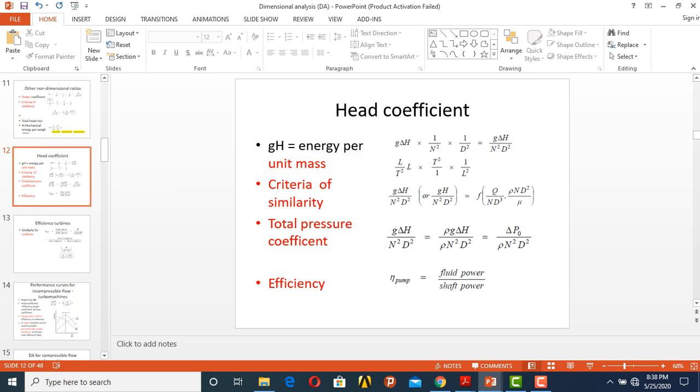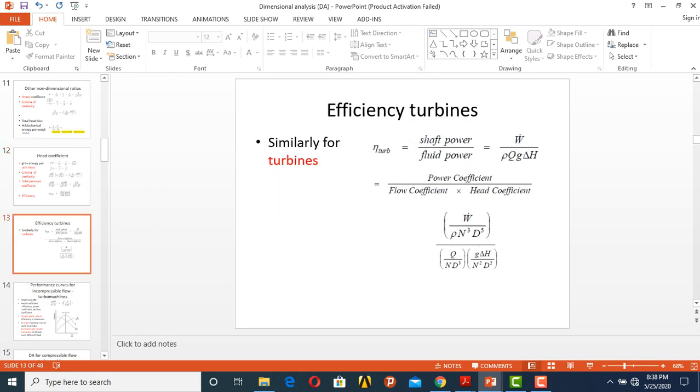The impeller inside the pump is adding some energy, so you compare the energy received by the fluid to the energy added by the pump. The energy added by the pump is reflected as shaft power, and the energy received by the fluid is reflected as fluid power. So the ratio of fluid power to shaft power is what we call the efficiency of the pump.